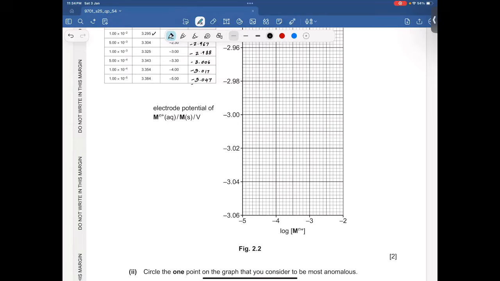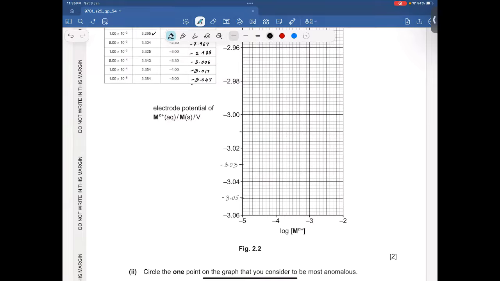Okay, 1, 2, 3, 4, 5. This one is minus 3.05. Oh, this one is minus 3.03.